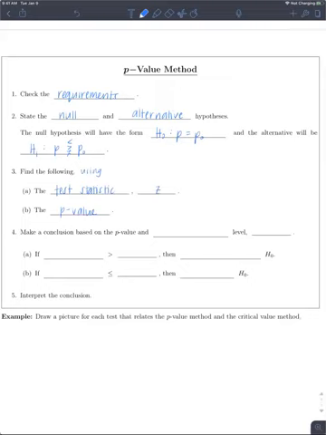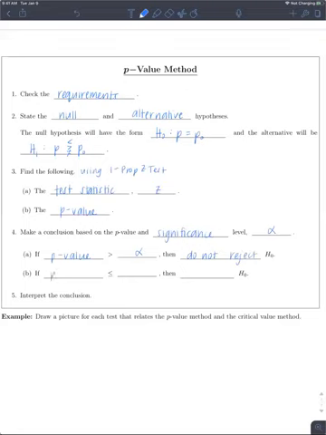That's the thing: from the critical region method to the p-value method, what really matters is what you're testing. That tells you what your functions are, not which method you're using. I'll write that down in a bit. So, using one prop Z test, you make a conclusion based on the p-value and the significance level alpha. This is the same as when we were talking about mu. If your p-value is greater than alpha, do not reject H naught.